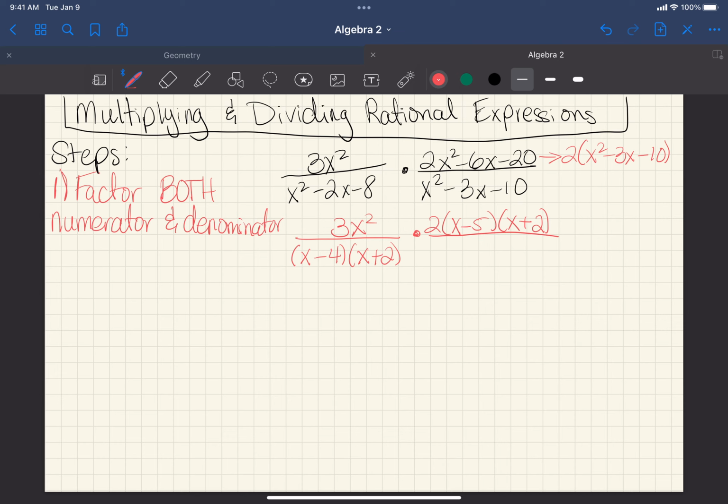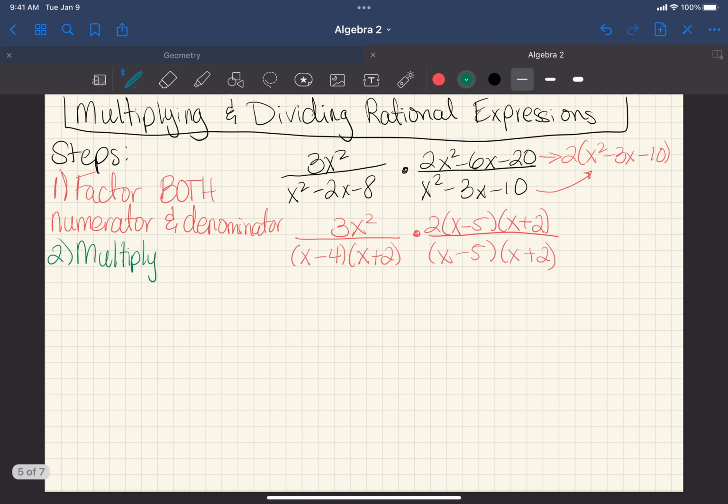Now if we see, right, the denominator actually matches the leftovers of that polynomial when I factor that 2 out. So it's also going to be x minus 5 and x plus 2, right? Now, I just multiply everything, okay? So step 2 is to multiply.